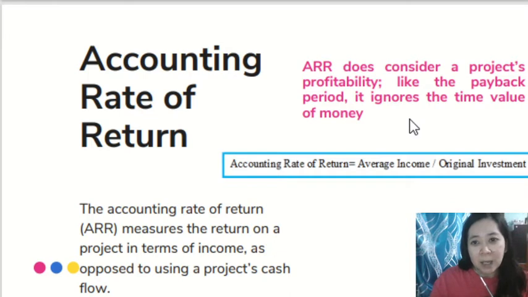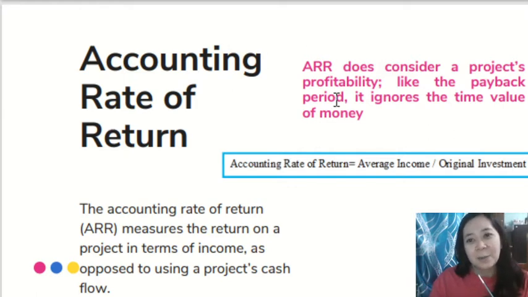By the way, with ARR we are talking about a rate. In the payback period, we determine the acceptability of the investment in terms of the number of years to recover the investment. For this case, we will use the percentage rate.